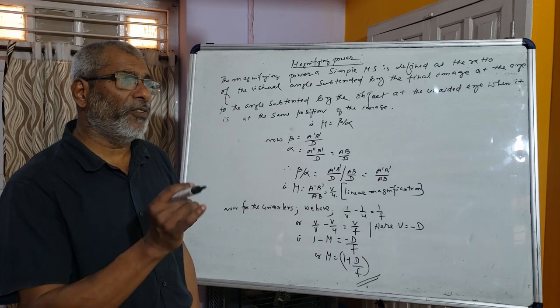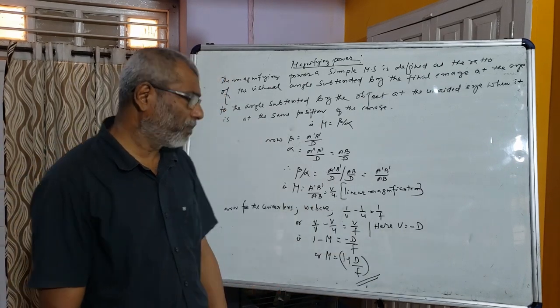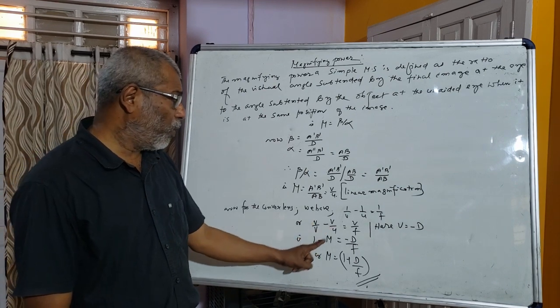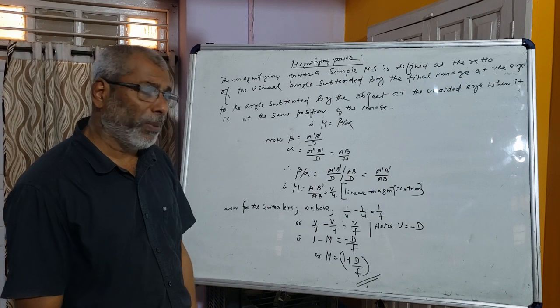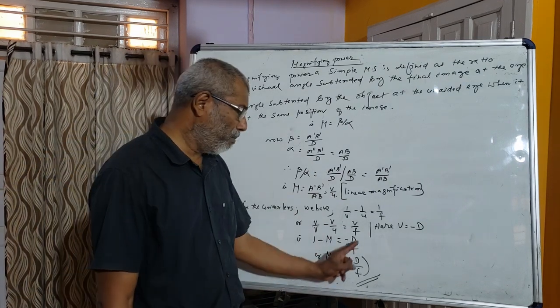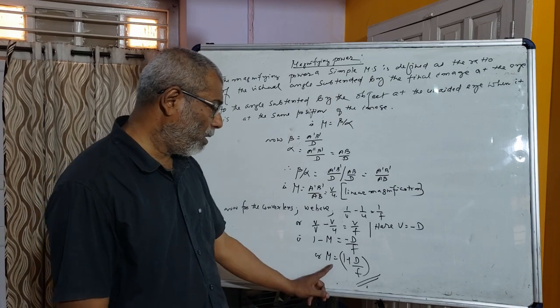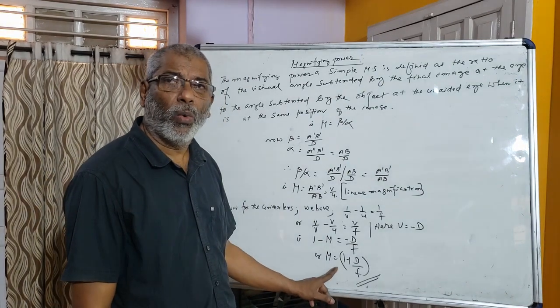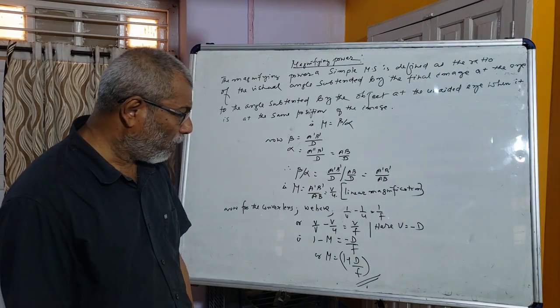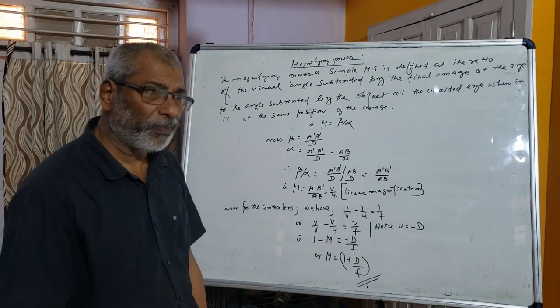Distance of the final image from the eye is minus D only. Therefore, we can write V by V is equal to 1. V by U, everybody knows, is equal to M. So 1 minus M is equal to minus D by F. Or capital M is equal to 1 plus D by F.